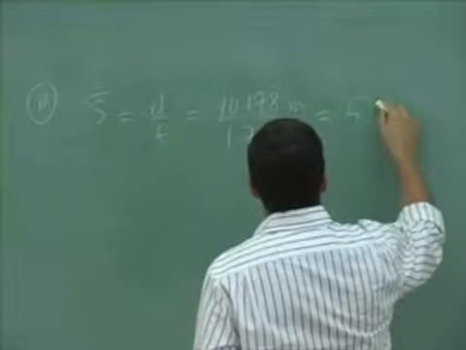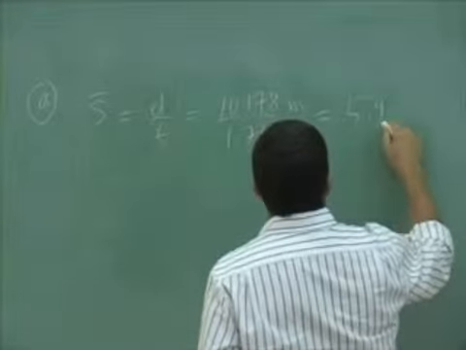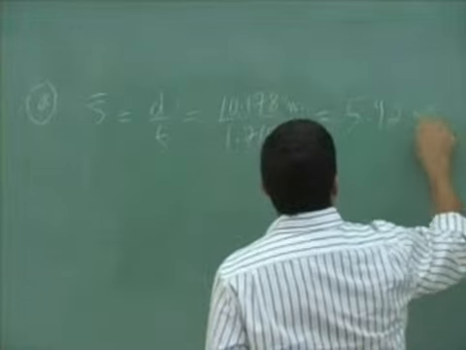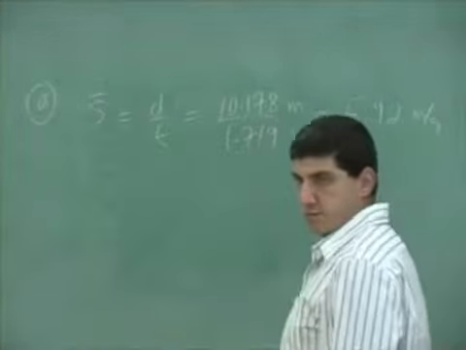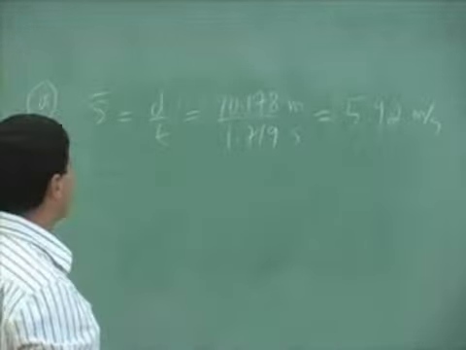Now we could go to 2 decimal places. 5.92 meters per second. Okay? So average speed is 5.92 meters per second.